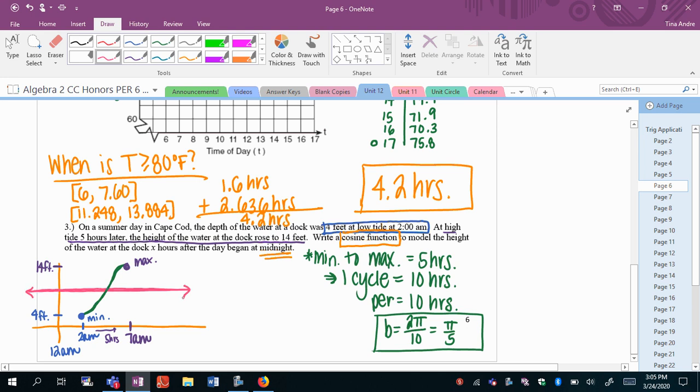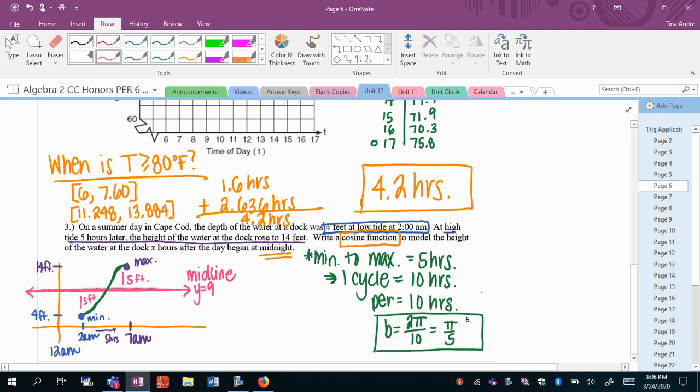So we know that this distance here has to be 5, and this has to be 5. Let's put 5 feet. So I just did 14 minus 4 gives me 10. Divide that by 2, I got 5. So that means the midline is 5 units below the maximum, so at 9, or 5 units above the minimum. So regardless, you're going to get y equals 9 for your midline.